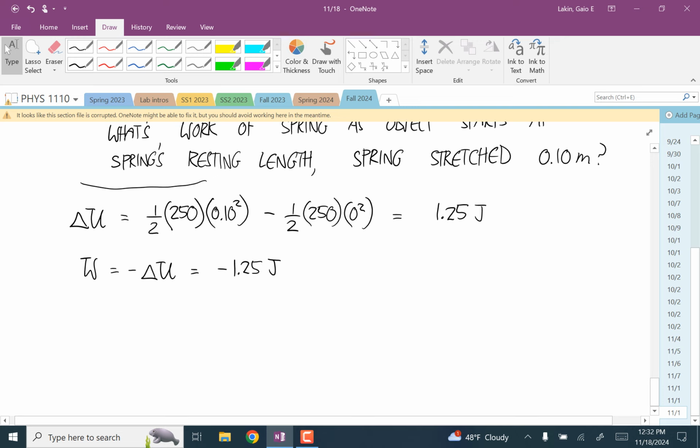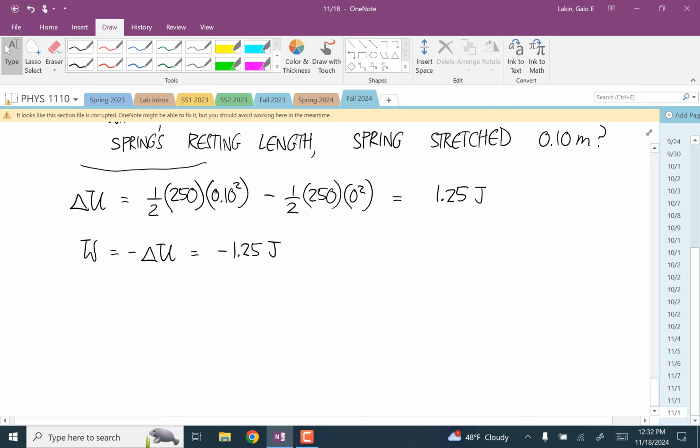Okay, so now based on all this stuff, we can do conservation of mechanical energy.